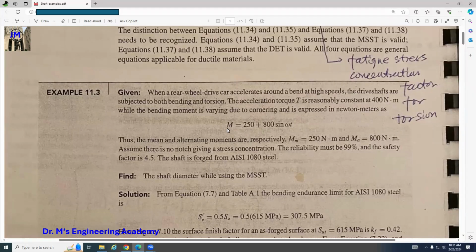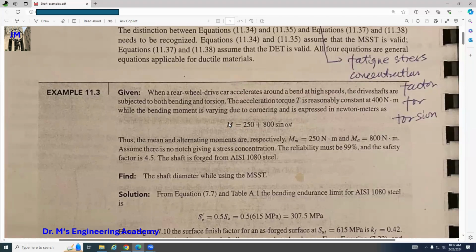So that means my bending moment M is changing from the lower value, which equals 250, to the highest value, which equals this guy plus this guy, when sine equals 1. And sine is changing from negative to positive. So minimum will be 250 minus 800.